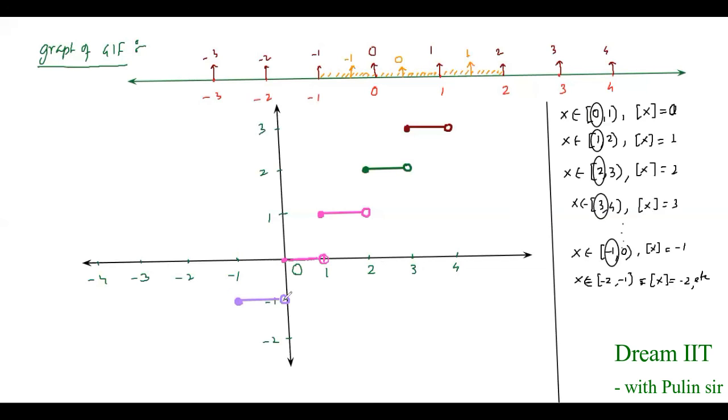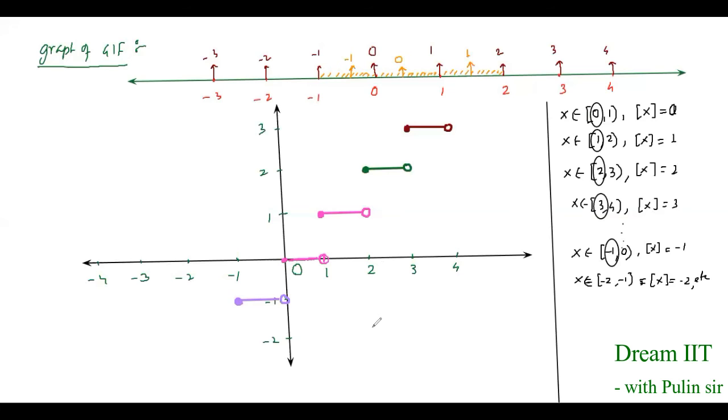Sorry, I think I told you x equal to -1. Sorry, x equal to -1 will give you -1, but x equal to 0, at this point, you will fall directly at this point. So you will not touch -1 in the y-axis.